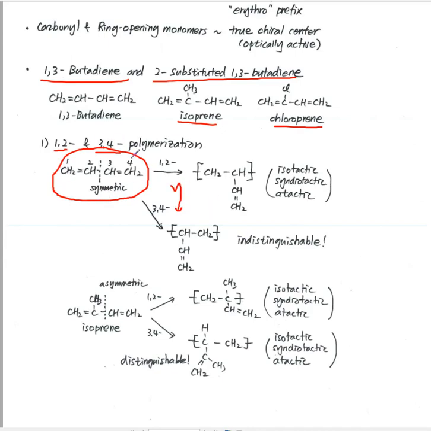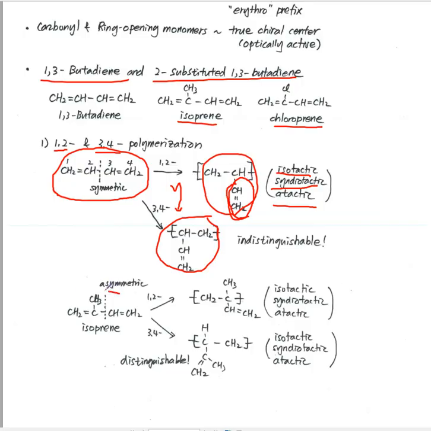Because 1,3-butadiene is basically a symmetric molecule, the resulting polymers are the same. Depending on the three-dimensional position of this R group, we could generate isotactic, syndiotactic, or atactic configurations.